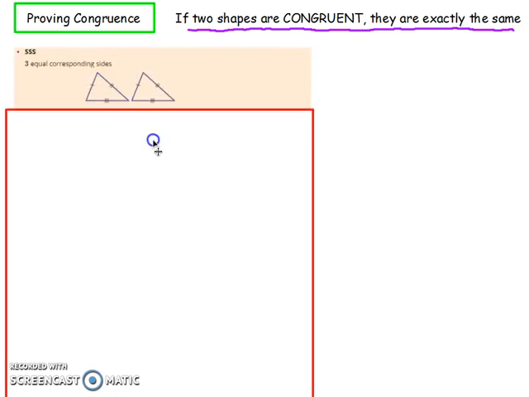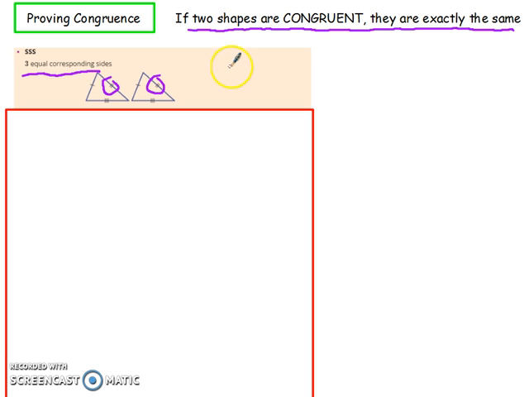Under here, there are rules that you need to follow. If you look at two shapes, and we tend to just look at triangles at this stage. If you look at two triangles and all of the sides are the same, and remember in mathematics, these little marks, whether you've got 1, 2 or 3 little lines, similar markings mean the same length.